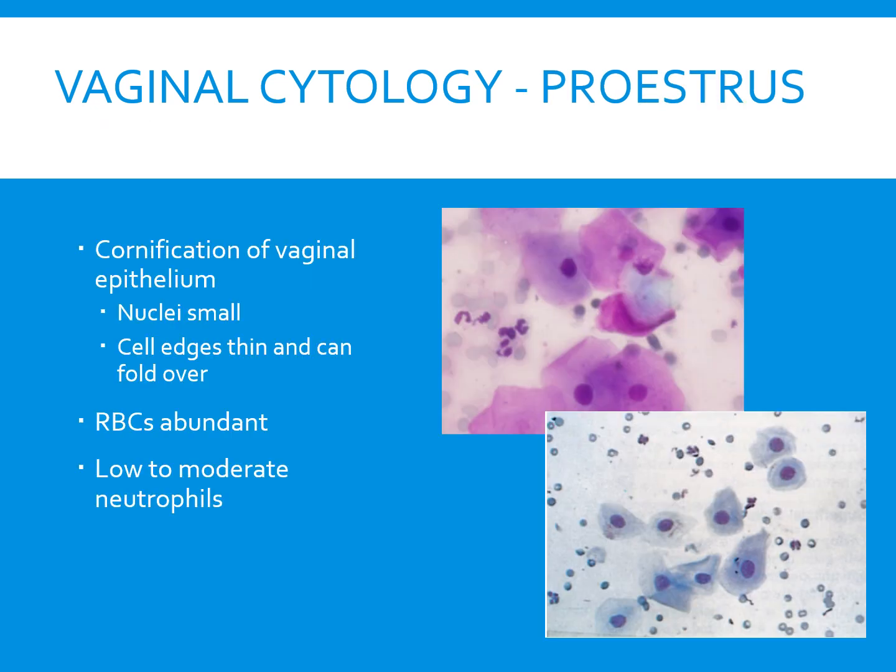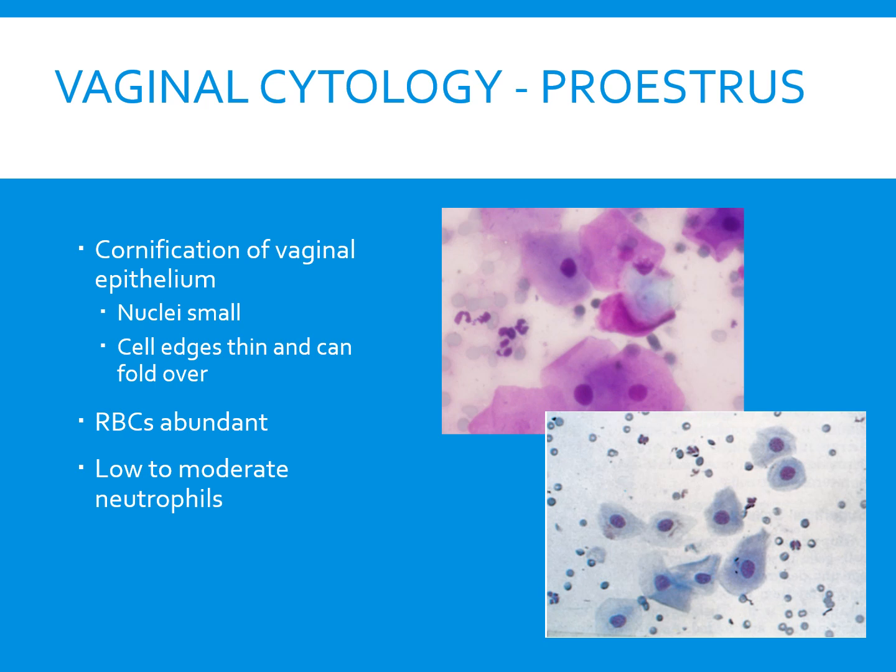In the proestrus stage of estrus, which is before estrus, we're going to see cornification of vaginal epithelium. Cornification is a term that means a programmed cell death that changes the cells and helps to form many things in the body, including hair and nails. And if you look over here, you should see the big squamous epithelial cells.